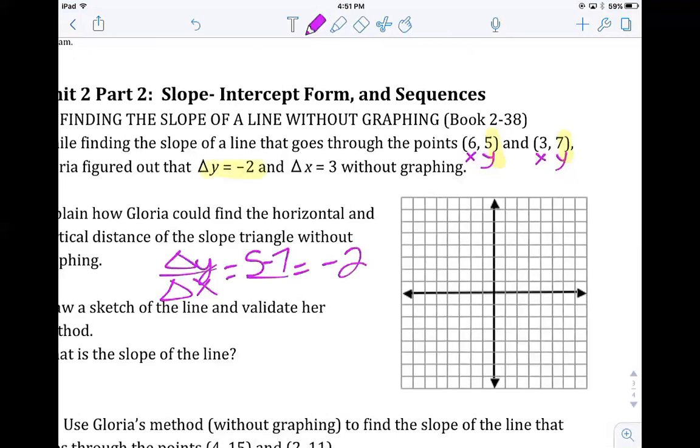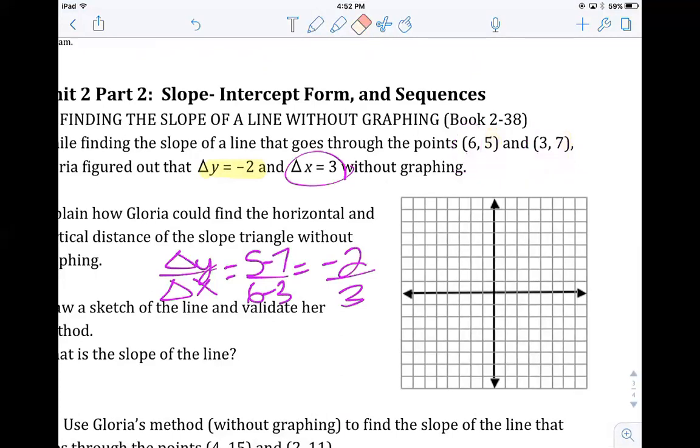The denominator is going to be x minus x, or 6 minus 3, which is 3. And that's the change in x that she got there without graphing. So as of right now, Gloria's slope is going to be -2 over 3. So down 2 over 3 each time. So we're going to graph this just to be sure.